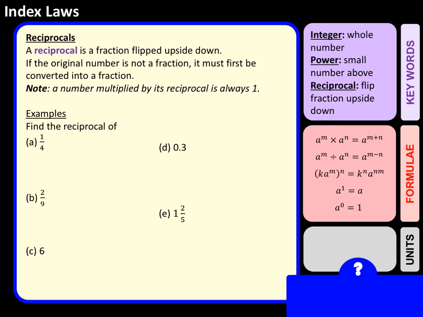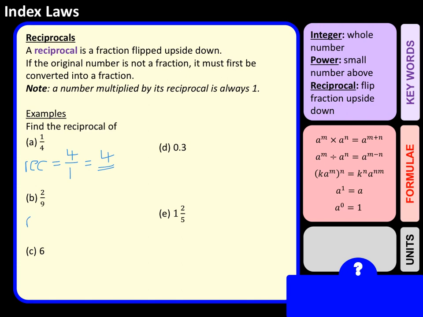So, jumping straight into these examples, the first example that we've got is 1/4, which is a fraction. So when we're going to find the reciprocal, and I'm just going to write rec for short, I literally flip that upside down. So 4/1, and we know that 4 divided by 1 is simply 4. So the final answer there is just going to be 4.